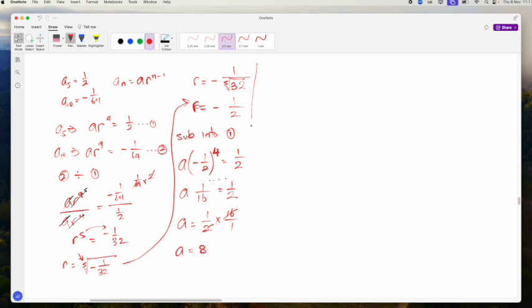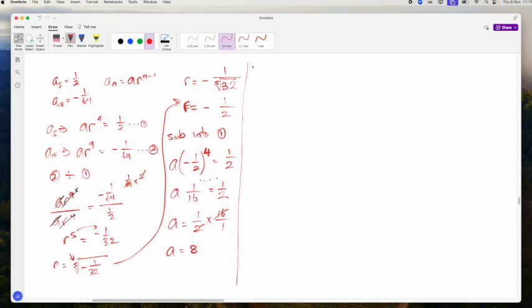And now that I know that a is 8, just recall that r is negative a half, and I'm supposed to put small r. And then a, we have 8, and recall that the S of n is a into 1 minus r to the n all over 1 minus r when r is less than 1.